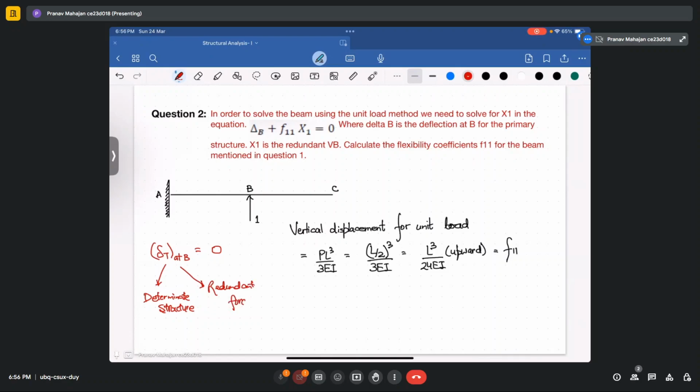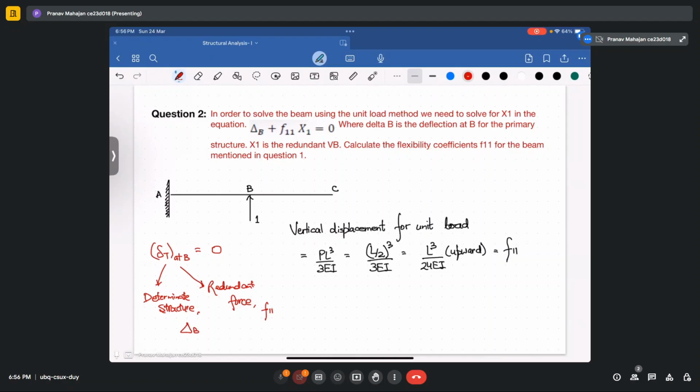From the determinate structure, what you have calculated is delta B. From the redundant force, since you are applying the unit load method, this is your displacement due to the unit force.